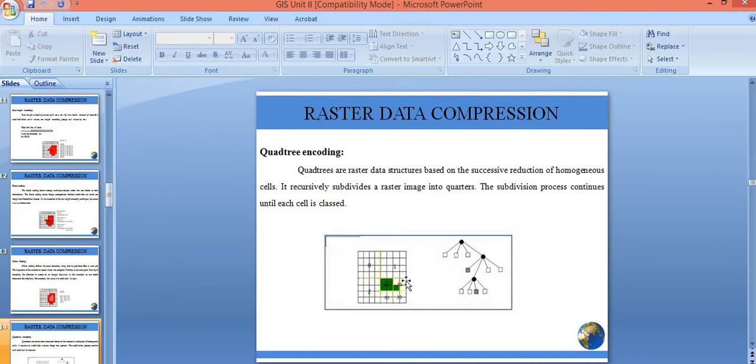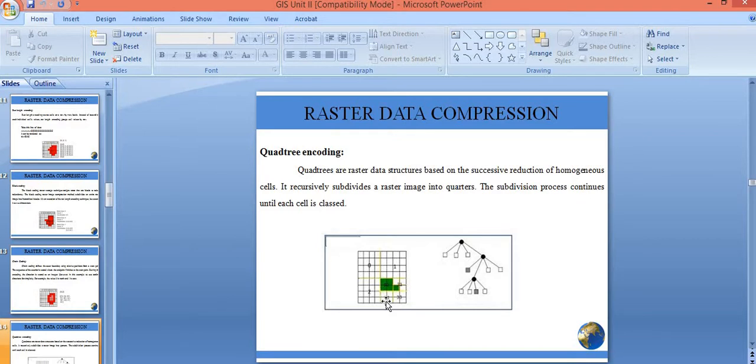The second part also has the same value in all the cells, so again you store it as a leaf node with white color. The third part also has the same value in all the cells, so again you represent it by a leaf node with white color.